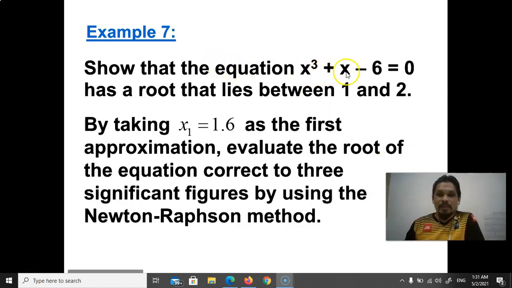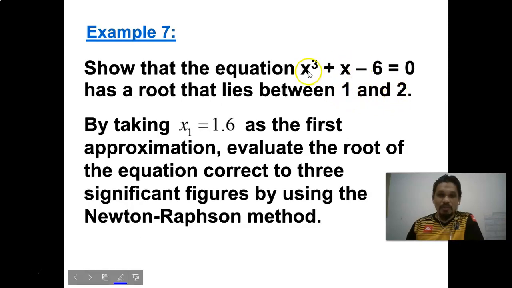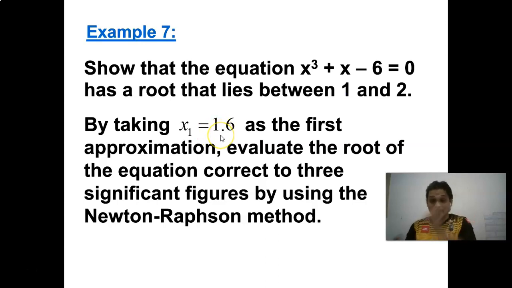Sure, the equation here has a root that lies between 1 and 2. So it means that in this case we substitute 1 and 2 into here, and once we have proved that, we take x1 equal to 1.6. Okay, class.